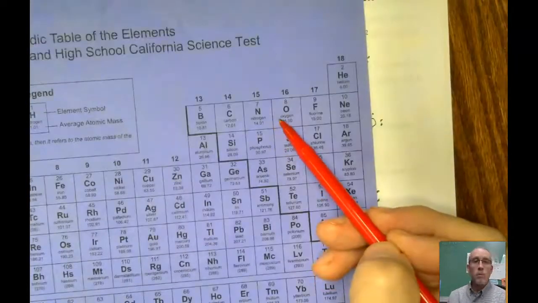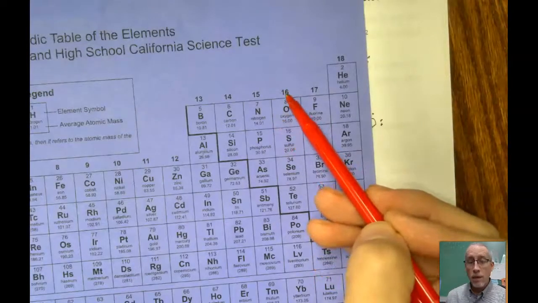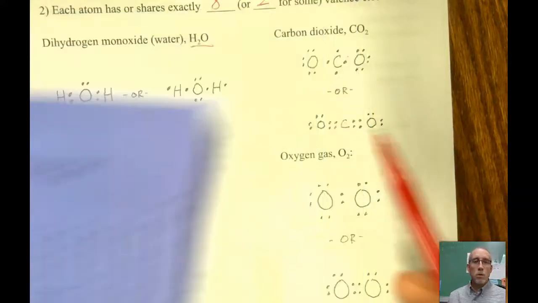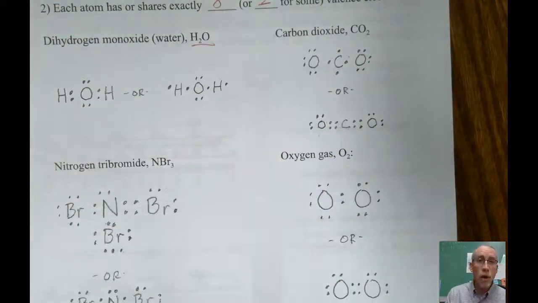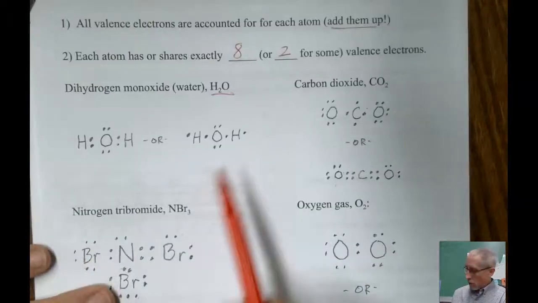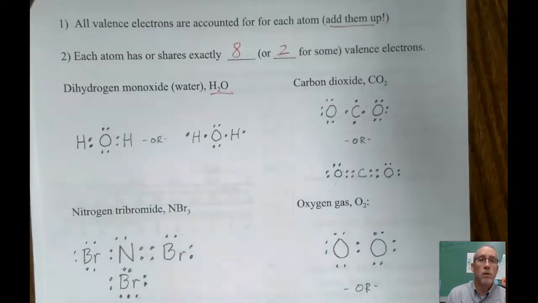Oxygen, over here in group 16, should have 6 outer electrons. So for 1 oxygen and 2 hydrogens, that's 6 plus 1 plus 1. That's a total of 8 electrons. So your diagram has to have 8 dots on it. Furthermore, we have to arrange those electrons so that every oxygen has 8 around it, and every hydrogen, because it's one of the special ones, has 2 around it.